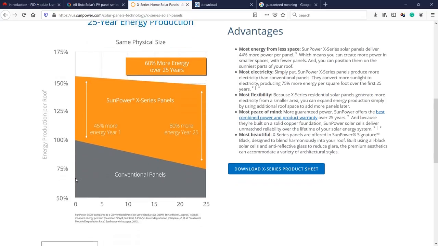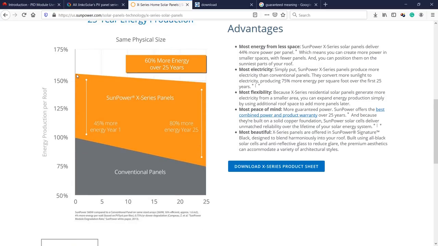In the first year of installation, it will produce 50% more energy production per roof, and after 25 years, 60% more energy produced. Compared to the conventional panel, which is 100% for the first year, after 25 years it goes to 75%. But for this PV module, it will still be above 100%. So it produces more energy over 25 years.